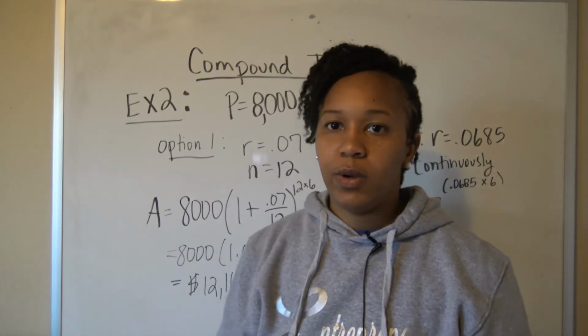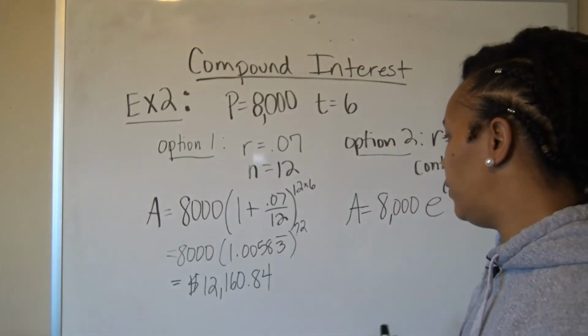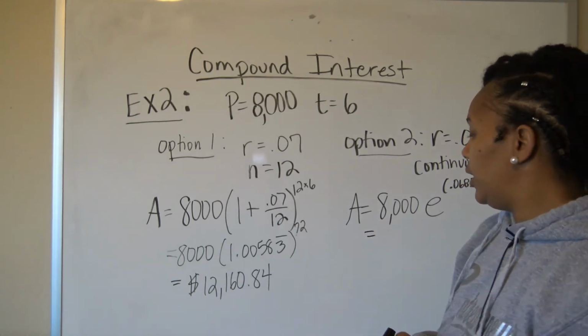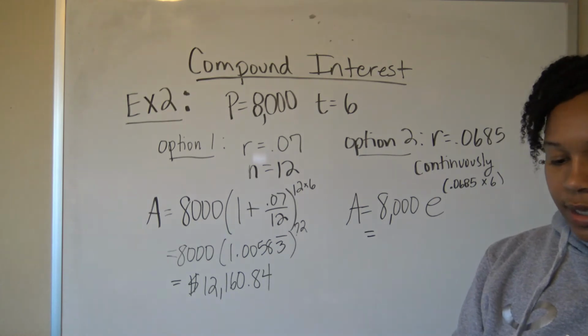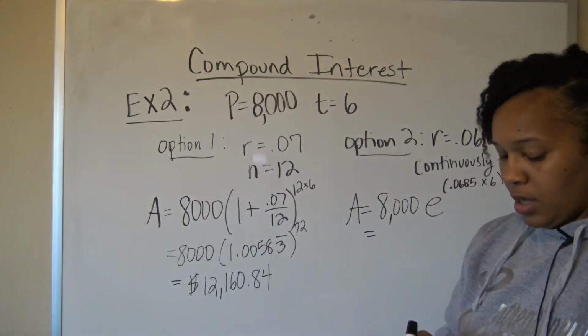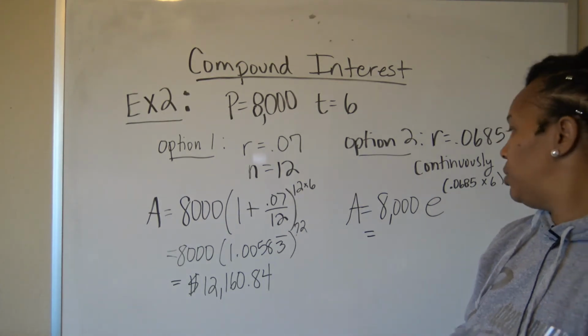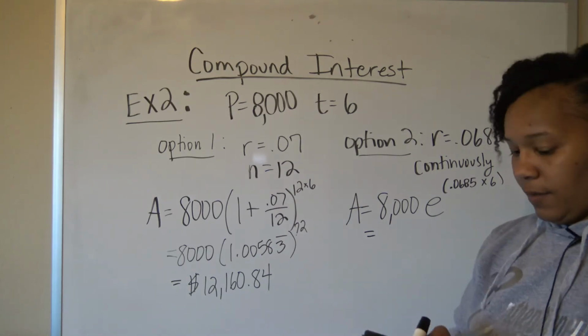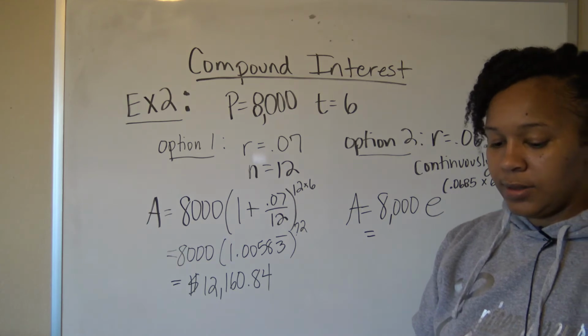So after I let this $8,000 sit for 6 years, at the end of that 6 years, I have $12,160.84. Now I want to plug in the other one. With the E, you can plug it in just like it is. You would do 8,000 times the E to the X button, and 0.0685 times 6.